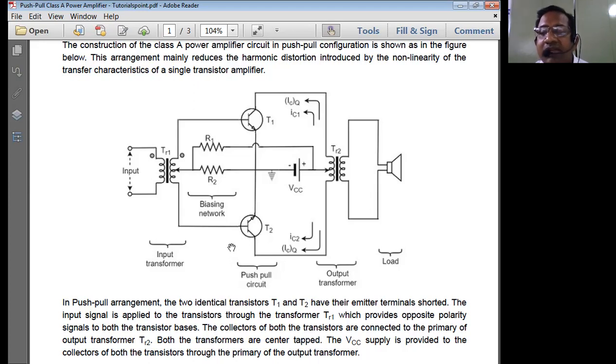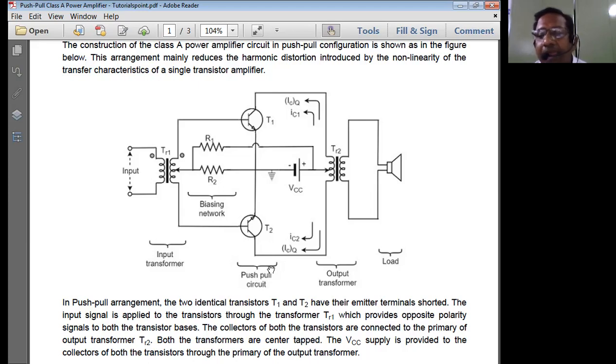So the entire basic nomenclature of push-pull type is changed. What is the condition that we have seen in the case of push-pull? When one transistor is on, the other has to be completely in the off condition.